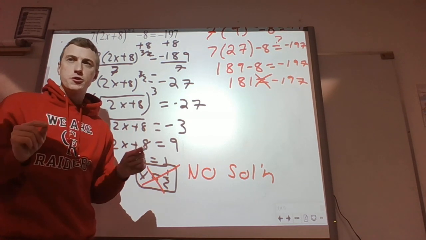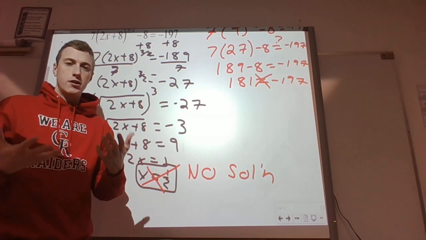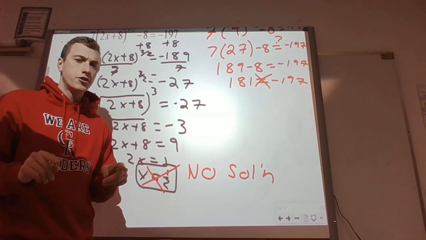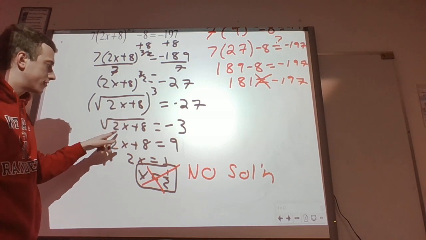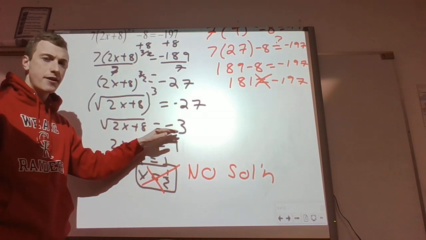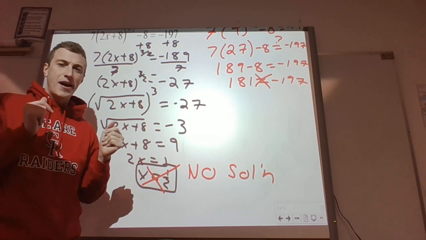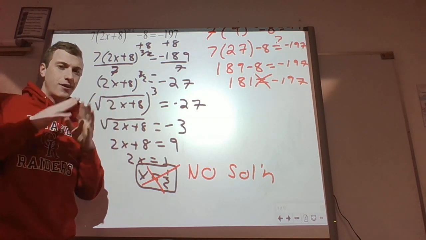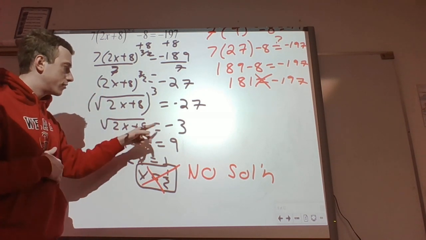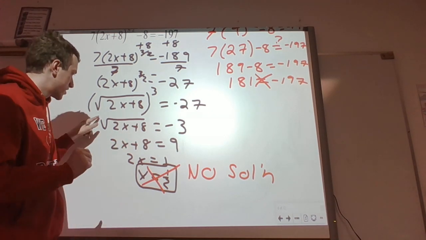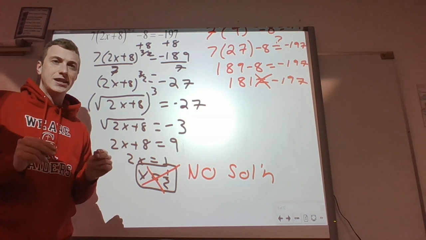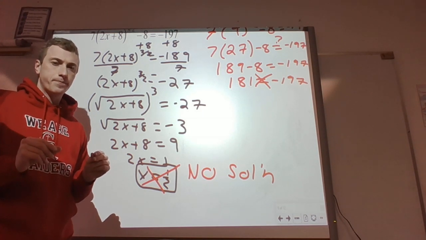I mean, algebraically we did everything correctly, but you can kind of see where you would expect a no solution right about here. The square root of 2x plus 8 equals negative 3. Right there, that might have raised a red flag because a square root can never be negative. Recall the way that we defined this radical notation, as indicating the principal root.